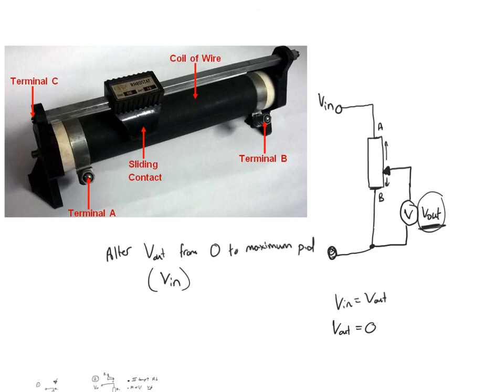So with a potential divider circuit, you can't get 0 voltage as your lowest voltage out, and you can't get your maximum voltage to be equal to V in, because it will always share some potential difference with the fixed resistor that's placed there, whereas with a potentiometer you can.